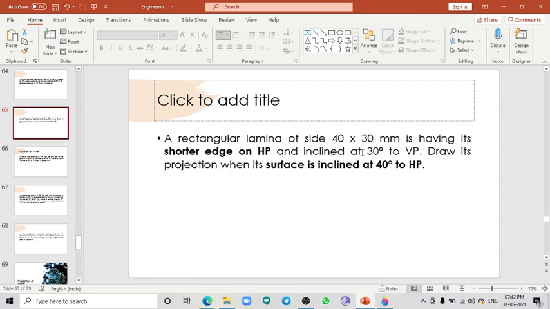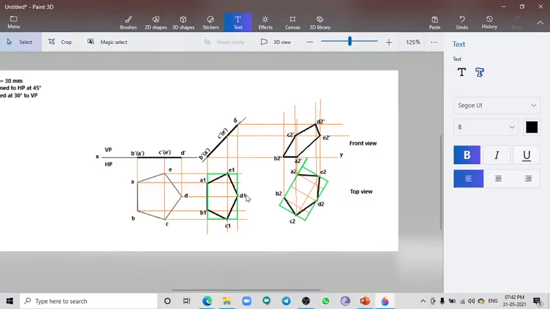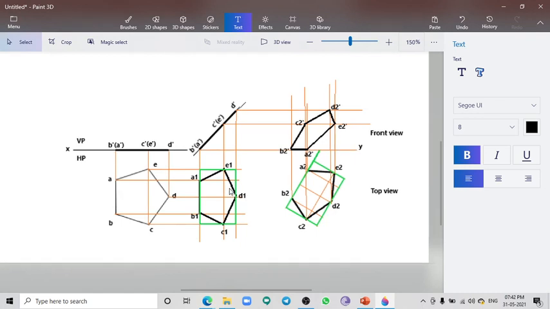Usually in this projection of planes we have two angles of inclination. One is mentioned as surface inclination, and another one is side inclination. First we have to take the surface inclination. So these are the 2 points that we have to concentrate on. All other steps for all the planes are the same.